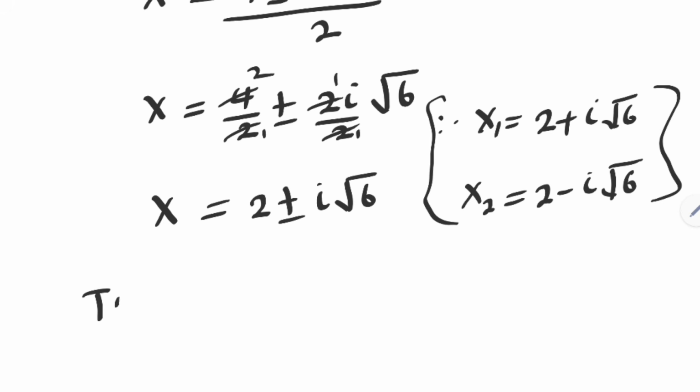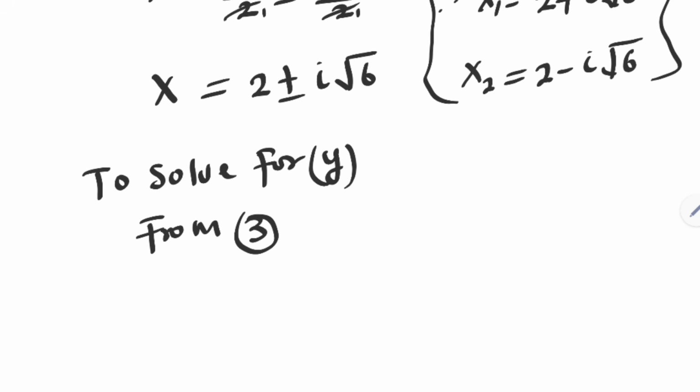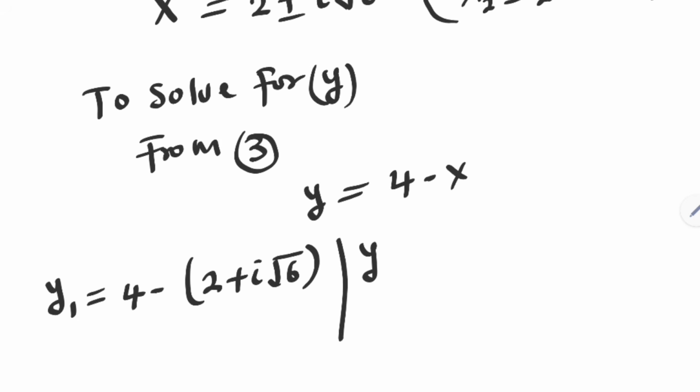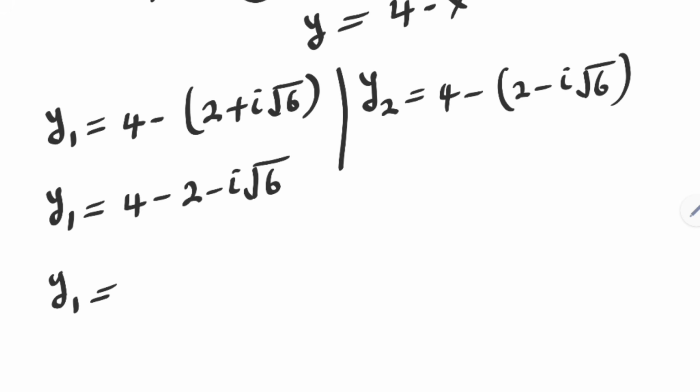Let us solve for y. To solve for y, from equation 3, y is equal to 4 minus x. y1 is equal to 4 minus x1, which is 2 plus i root 6, or y2 is equal to 4 minus 2 minus i root 6. y1 is equal to, if you open the bracket with this negative, we have 4 minus 2 minus i root 6. y1 is equal to 4 minus 2, this is 2 minus i root 6.